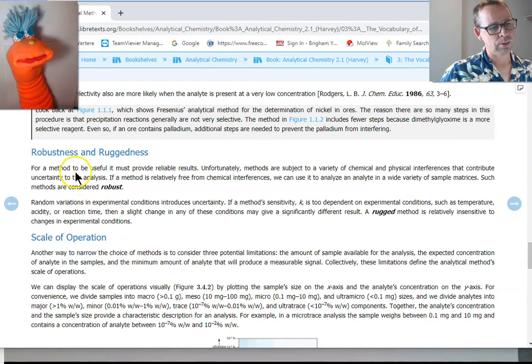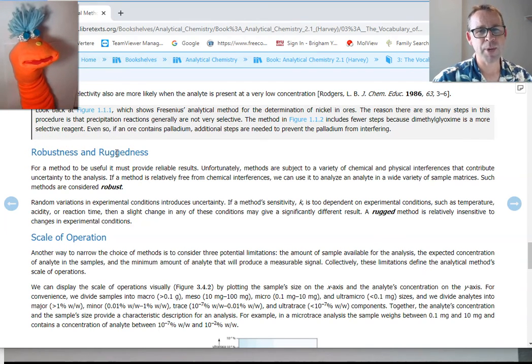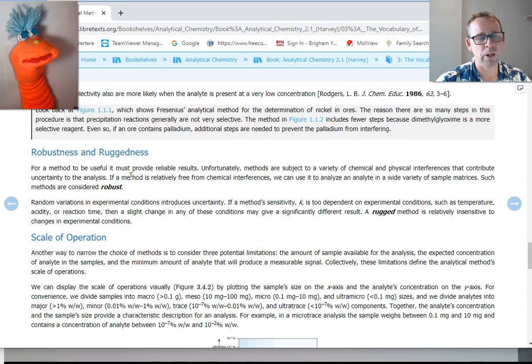All right. Let's have a conversation about the terms robustness and ruggedness. A method is considered to be robust if it works for a wide variety of sample matrices. Now, we haven't talked about the matrix much. The matrix is everything that's in your sample that you're measuring that's not the analyte.